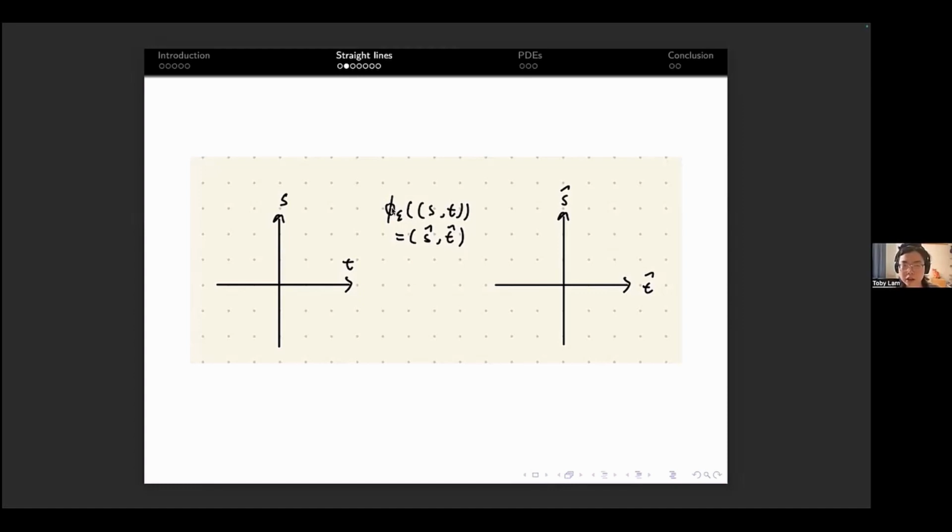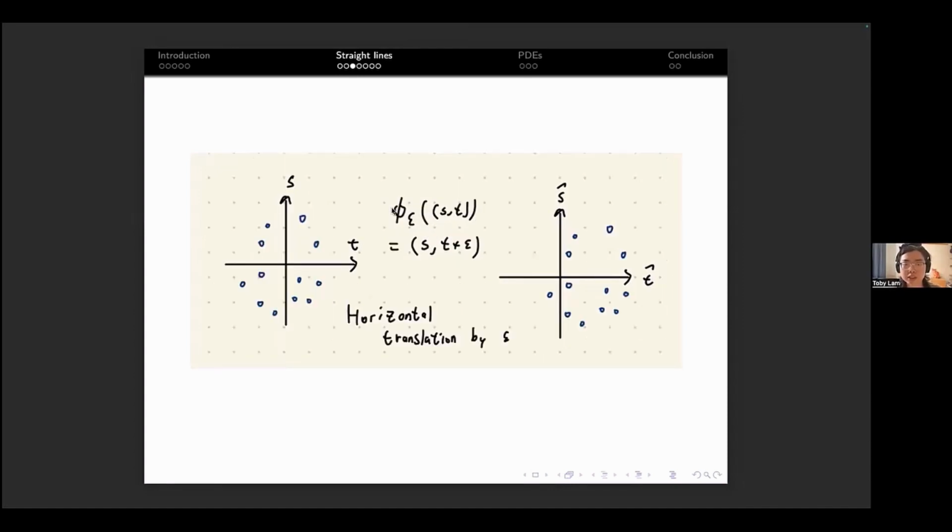As we have seen earlier, in the case of horizontal translation, we can imagine a lot of tiny water particles on the left s-t plane, and this map tells them to move rightwards. We're moving each individual water particle to the right. So this represents horizontal translation by epsilon.